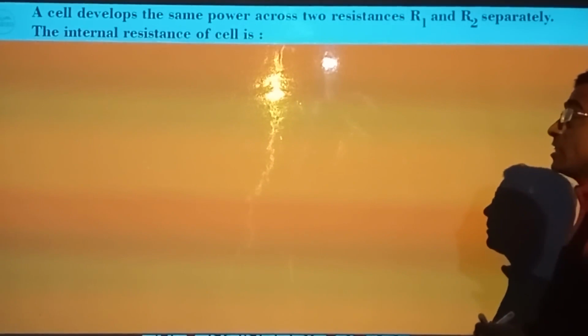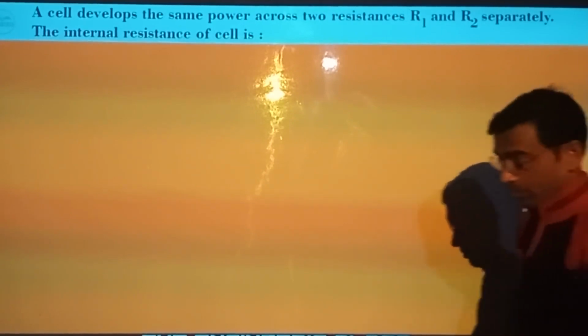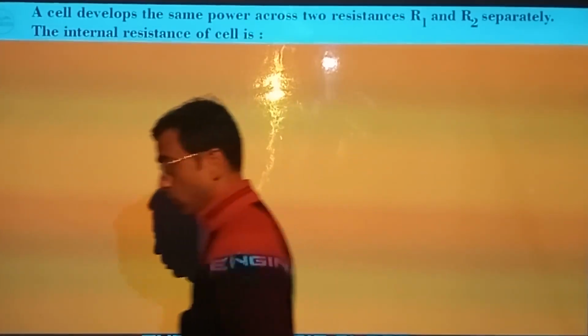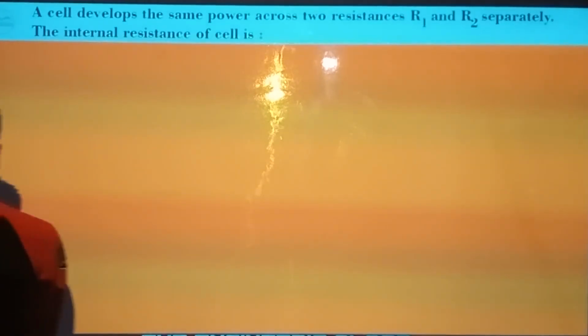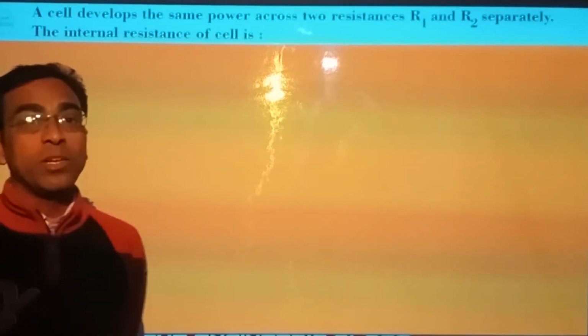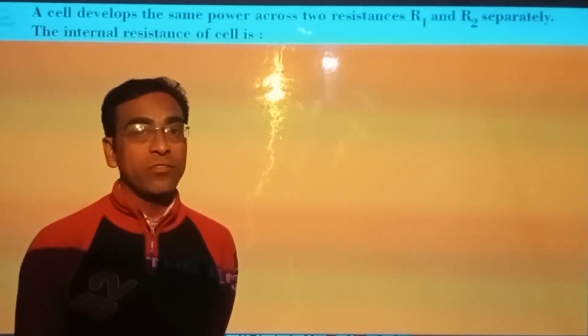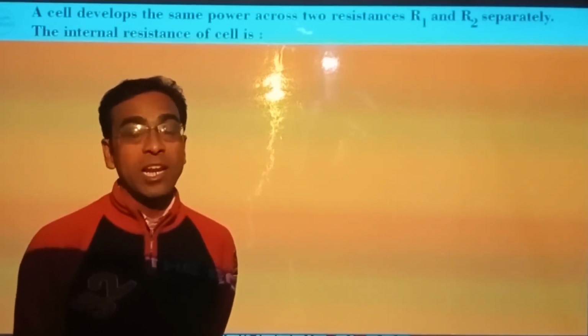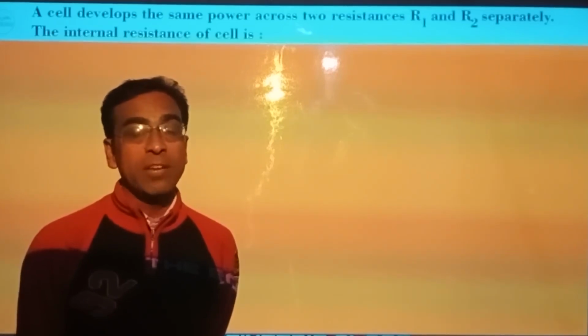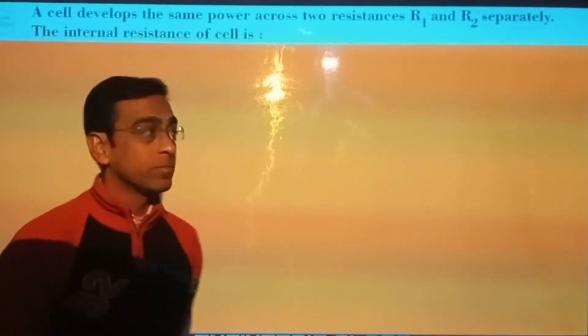The internal resistance of the cell is. This question relates to the outer resistance of the circuit and the internal resistance of the cell, which has a potential difference on its terminal and its internal EMF, related to E.